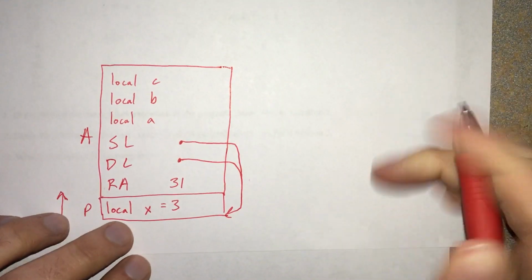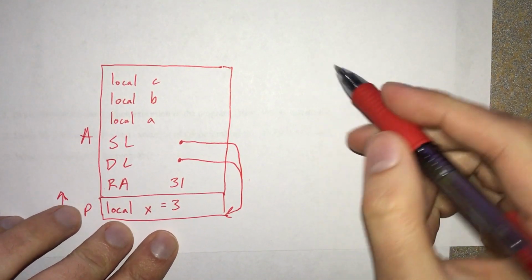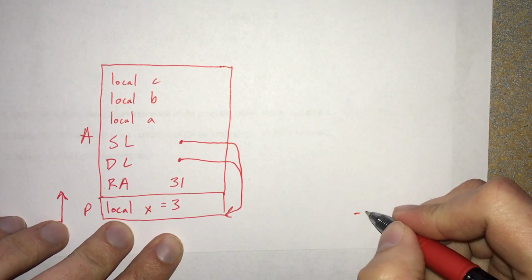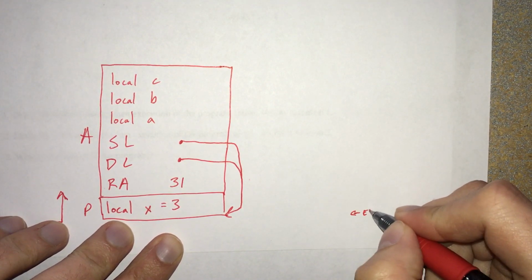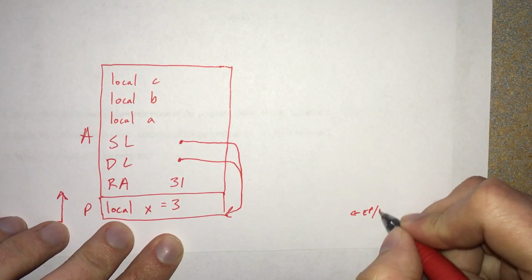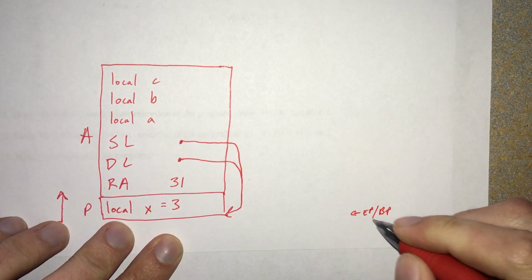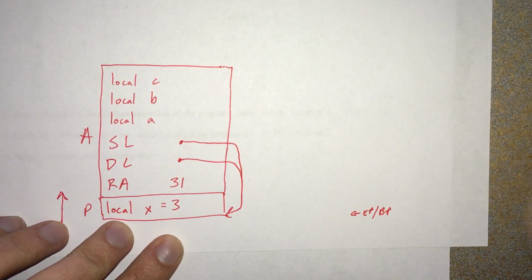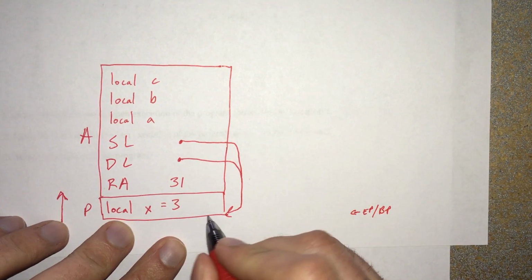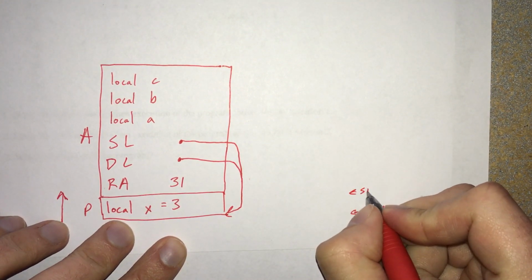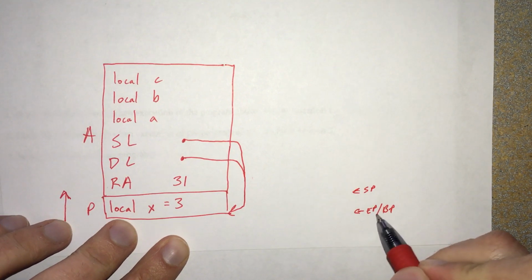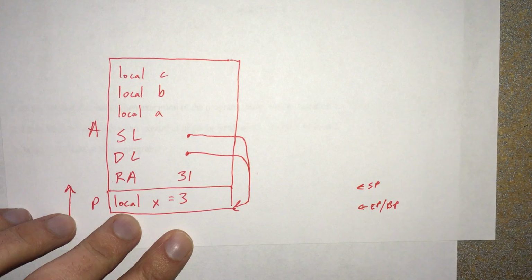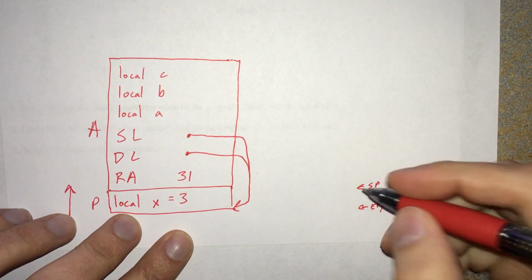Off to the side here we could be noting where our pointers are. When we started in P, the environment pointer, or the base pointer, I'm probably going to call it both of these throughout the video. Environment pointer is what the textbook calls it; base pointer is what we called it in 261. In any case, the stack pointer was at the top of the stack frame, and the base pointer points at the base of the stack frame, which is why I prefer to call it the base pointer, but it's the same thing.